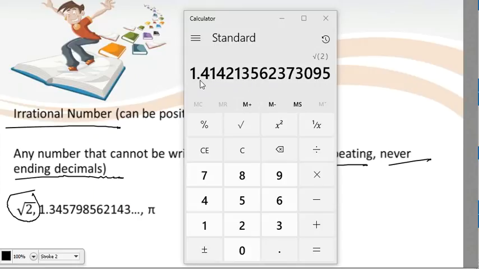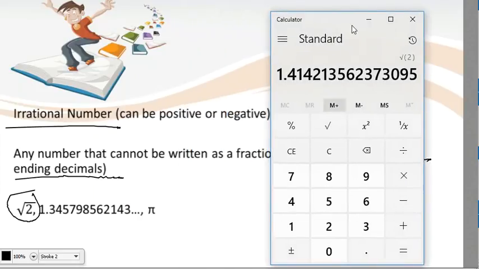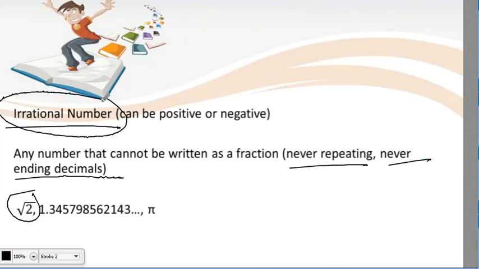Okay, so can you see that to the right of the decimal, we don't have any numbers that repeat, and this decimal continues on. It never ends. So this would be considered a non-repeating, never-ending decimal. So anytime you have that happen, you're talking about an irrational number.